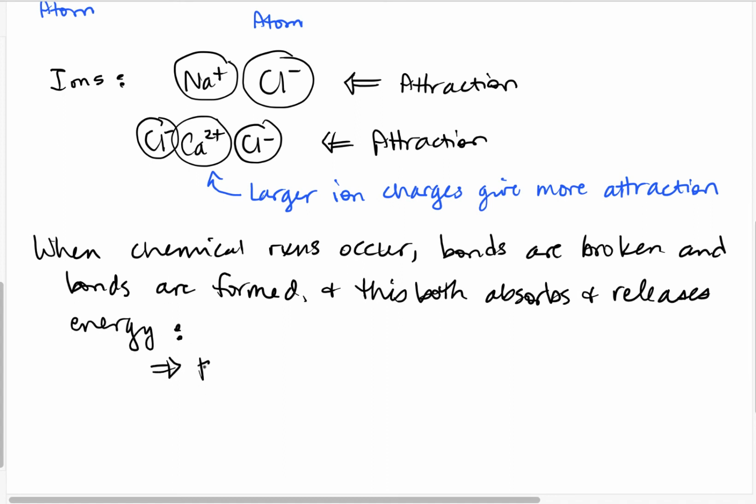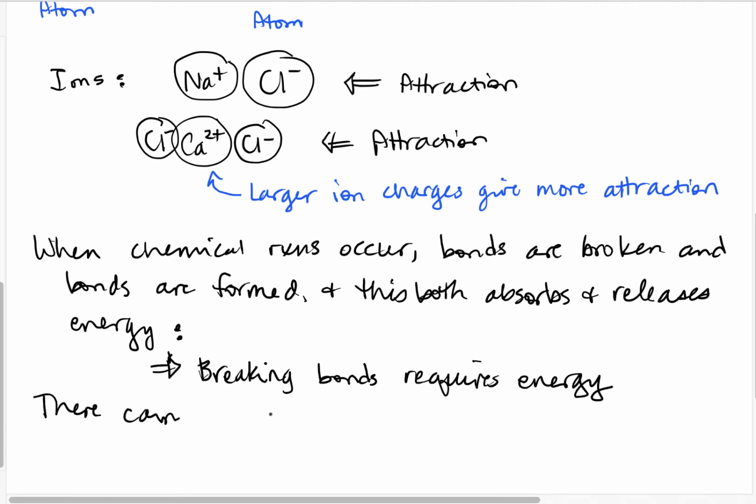So breaking bonds requires energy. And so depending on how many bonds are broken and what kinds of bonds are broken and what kinds of bonds are formed, then sometimes there can be a net release of energy or a net absorbance of energy.